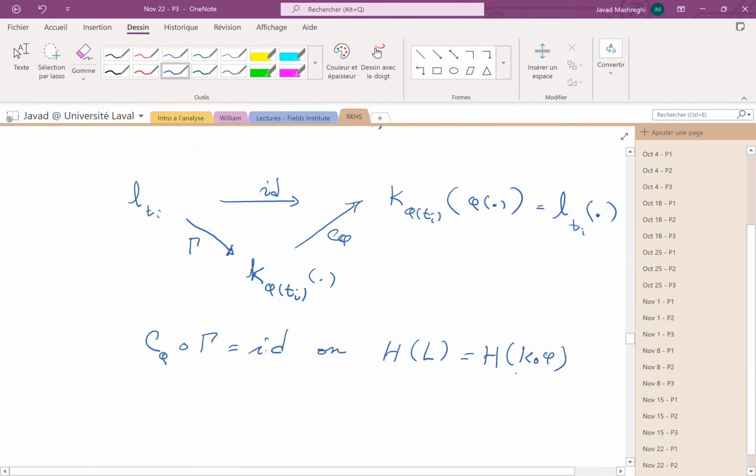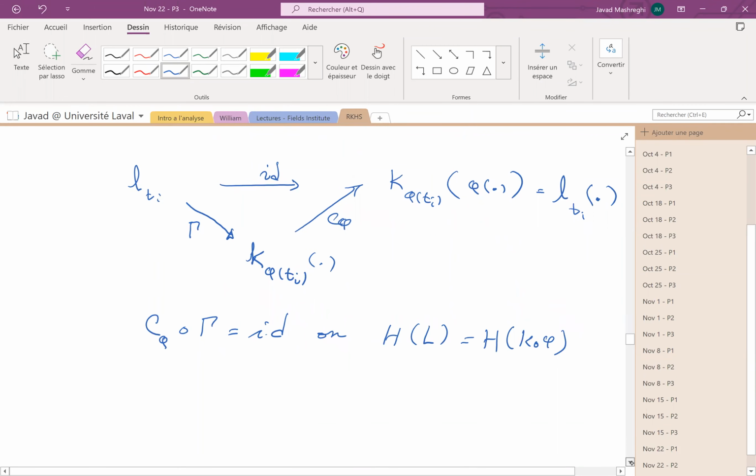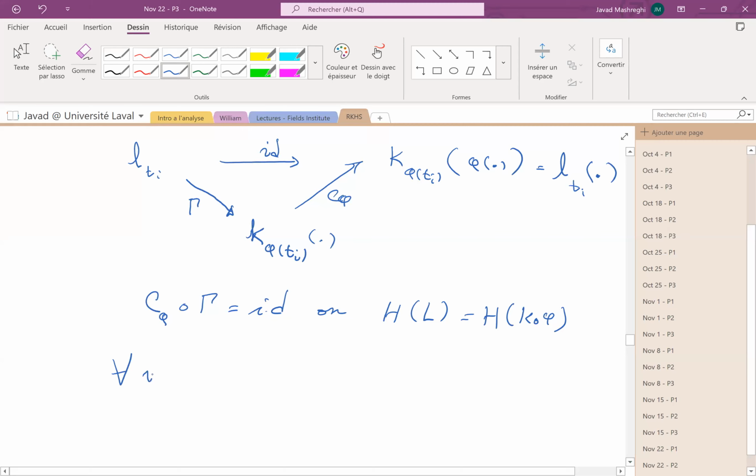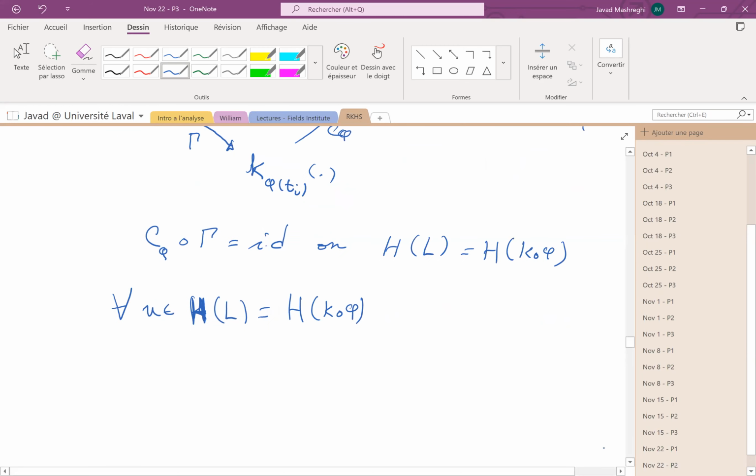And therefore, for any U in H of L, there is an F among all the representations.